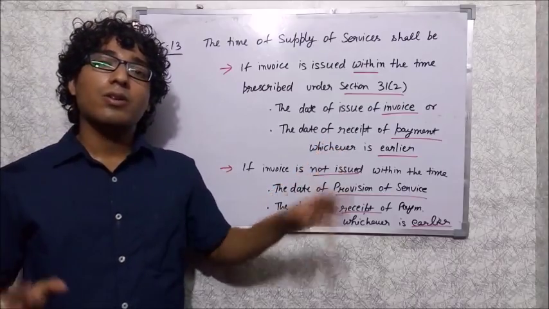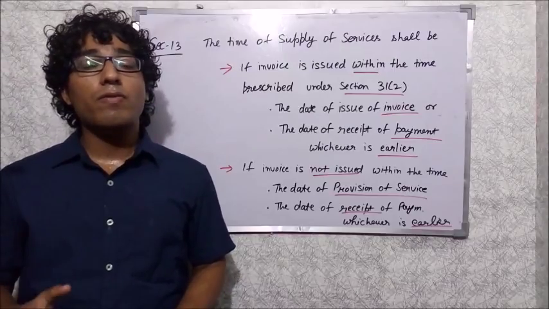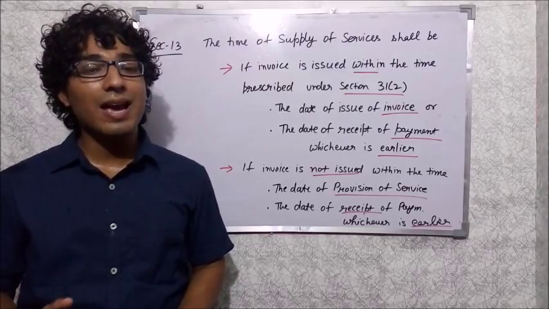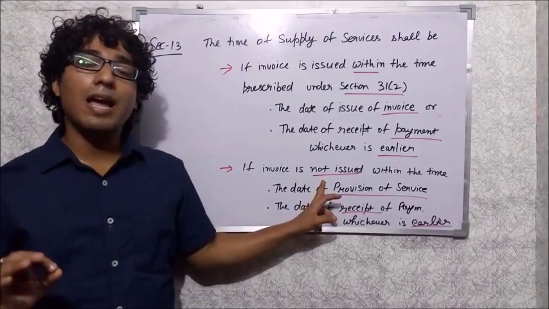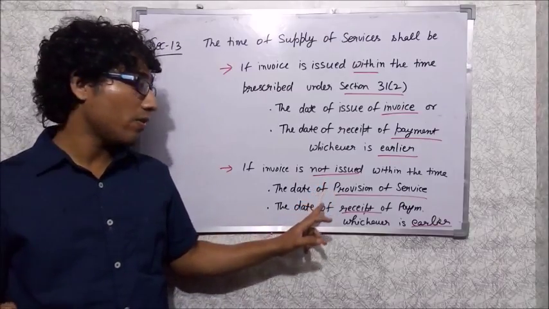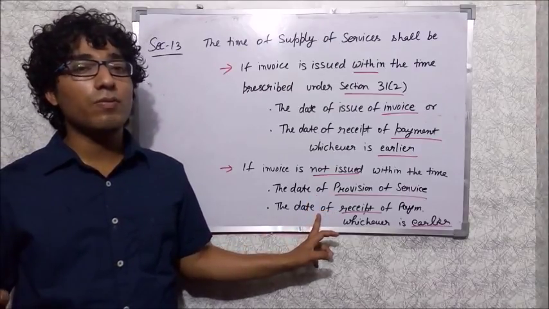And in case you have not issued the invoice within the 30 days of the supply of service, then the time of supply of service will be the earlier of the date of provision of service and the date of receipt of payment.